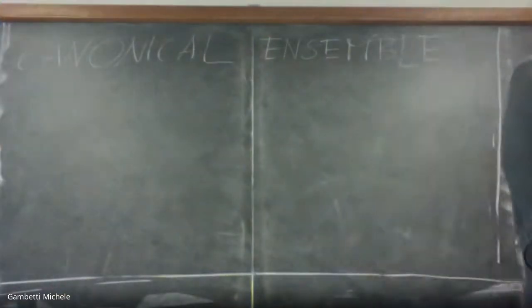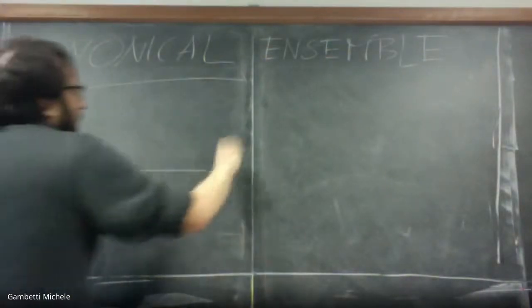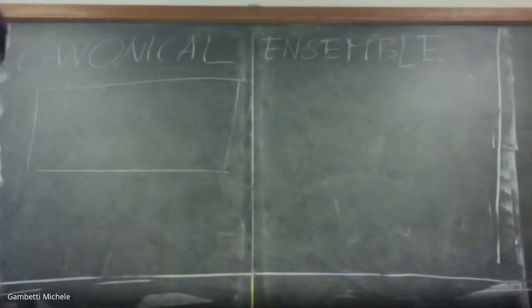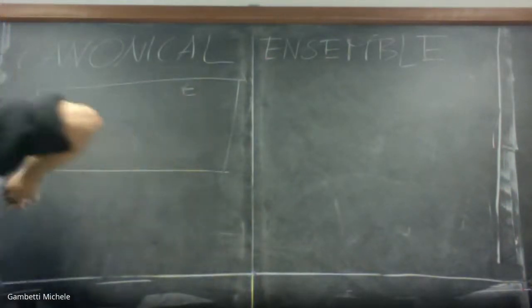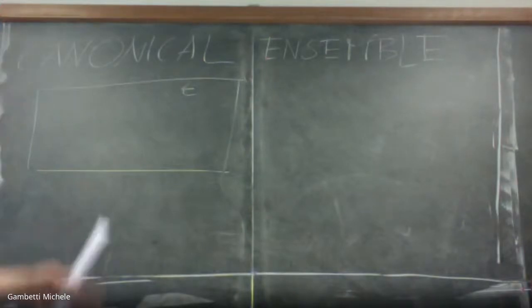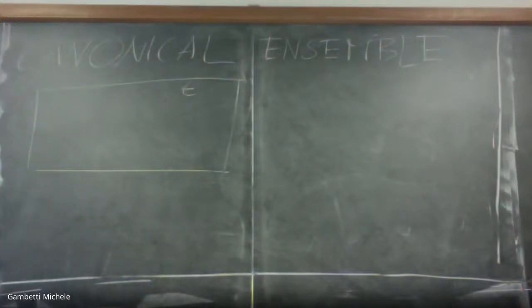So the idea, as I said before, is the following. Suppose that I have a box which is not really a box of gas now, but a system which is my total system, living in the microcanonical ensemble. I will explain in a moment.